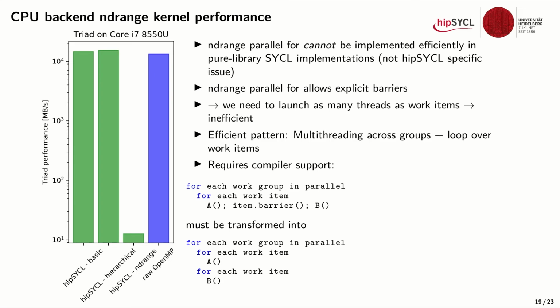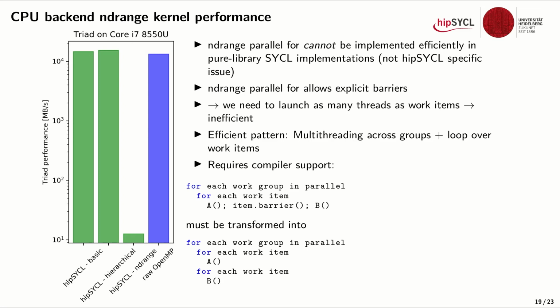But this approach does not work for nd_range parallel_for because we need dedicated compiler support to implement barriers in such a scenario. You can see some pseudocode below. If you have some barrier in this scenario, we would have some parallelization across the work groups, then a loop across the work items, and then some code, and then a barrier, and then some other code.